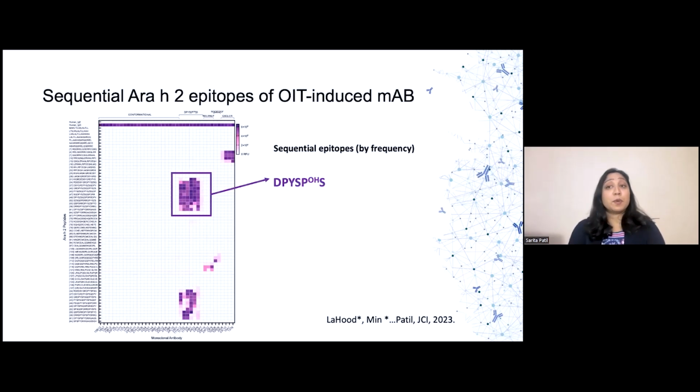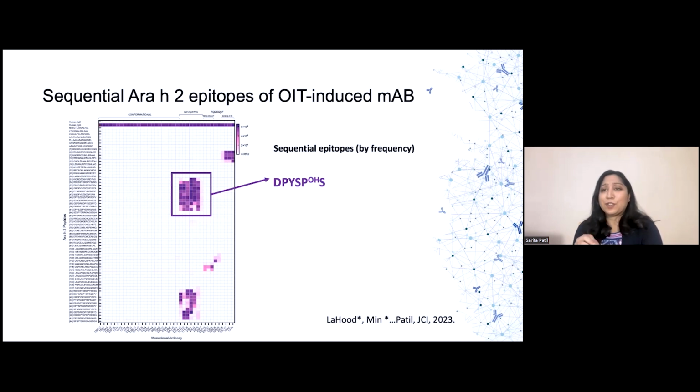The first one, and the most abundant one that we found, was this epitope called the DPY hydroxyproline S epitope. It's a repeating motif that's found on a loop region of ARA-H2 that's extremely flexible. And it's actually unique to ARA-H2. There are several other 2S albumin seed storage proteins in peanut, but only ARA-H2 has this loop region.